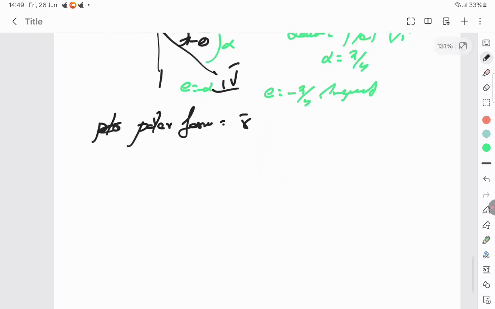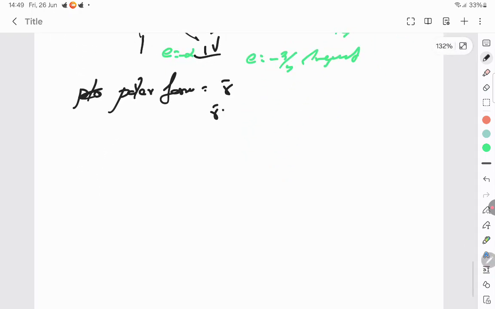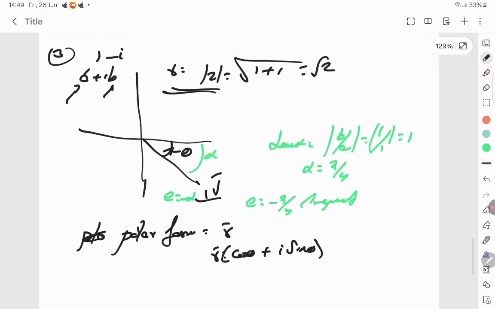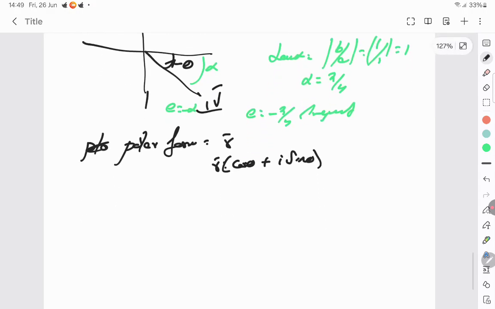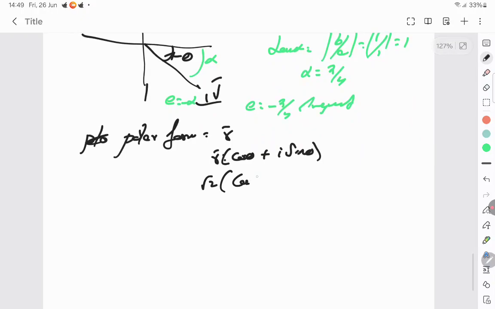The polar form representation is r into cos theta plus i sin theta. What is r here? It is root 2. What is cos theta? Cos of minus pi by 4 plus i into sine of minus pi by 4.